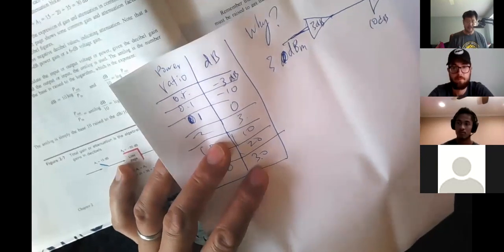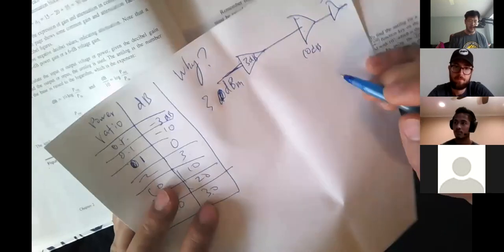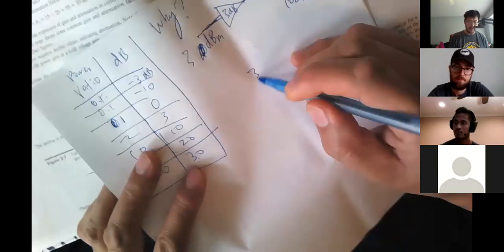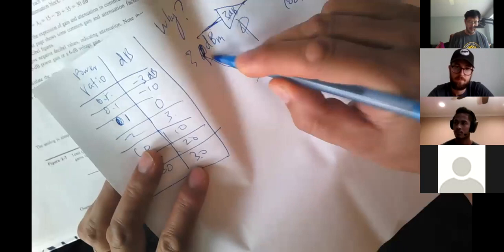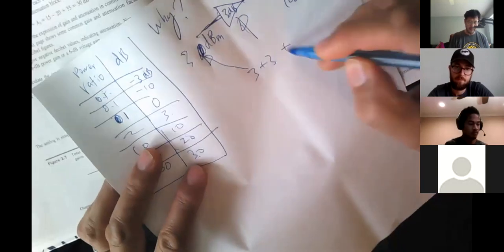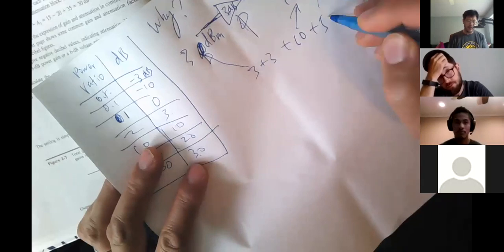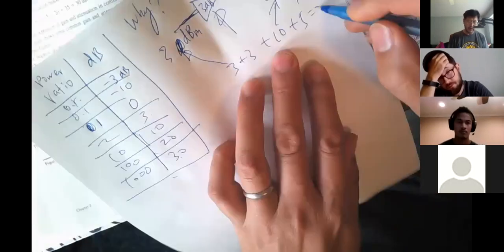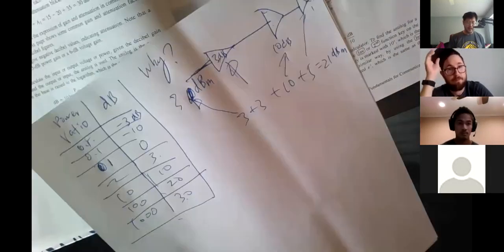That's all the gain. What is output? Output will be 3 plus 3 plus 10 plus 5. Output will be 21 dBm. So now we find this really helps.